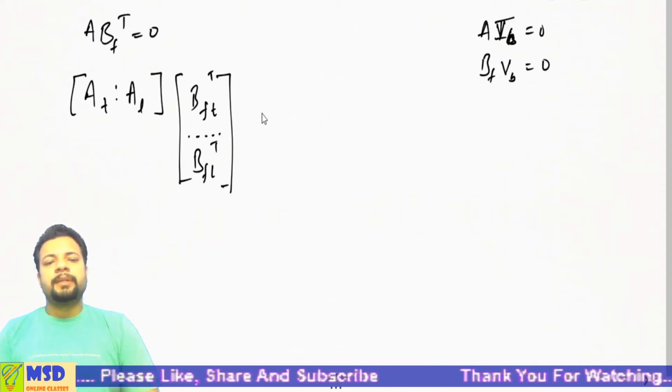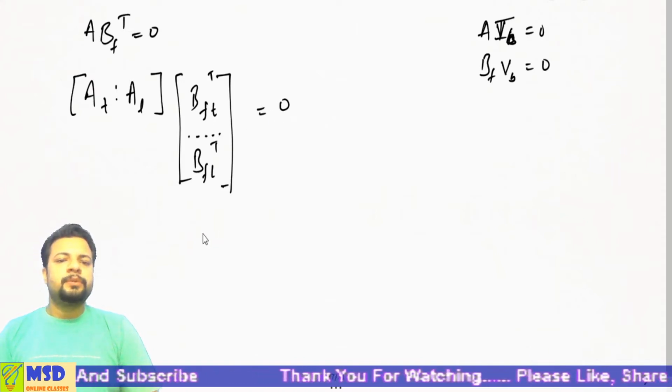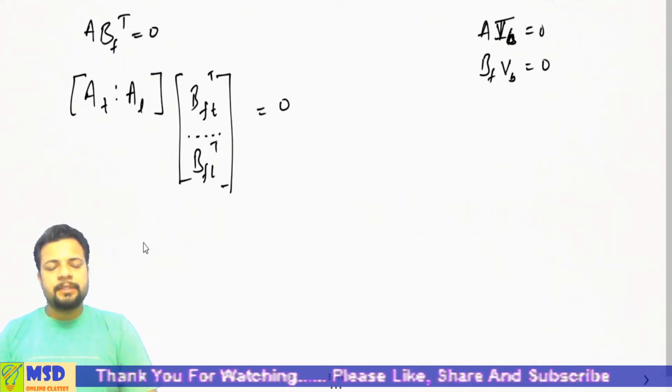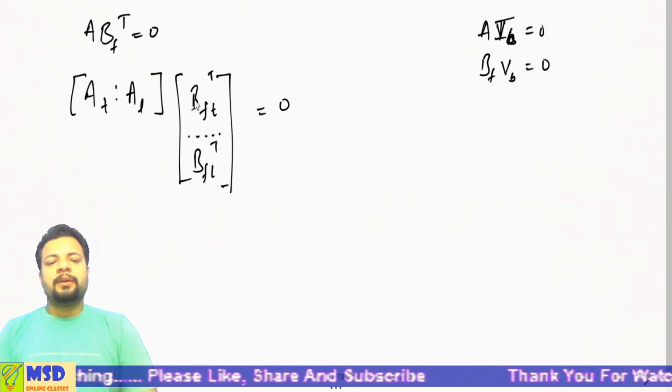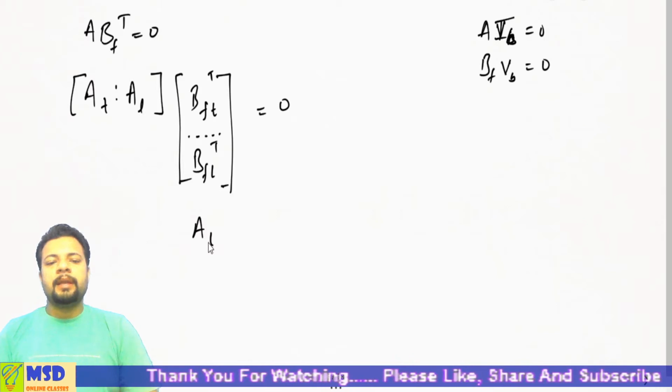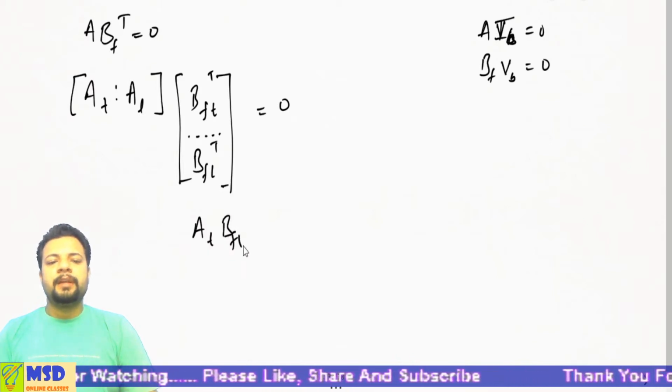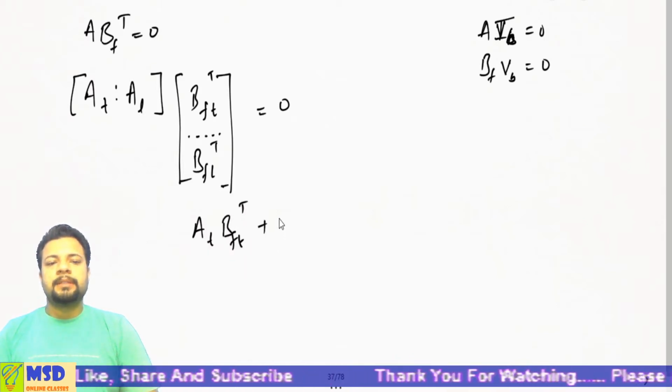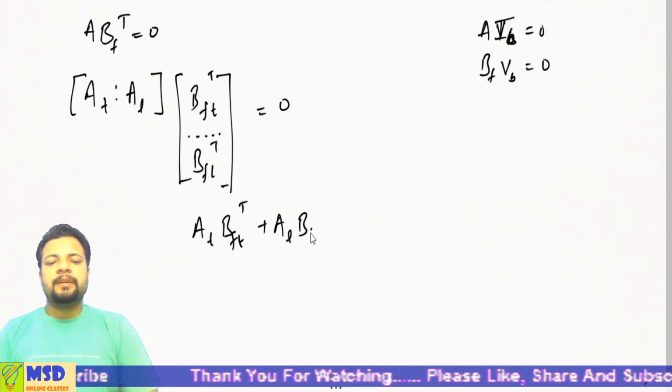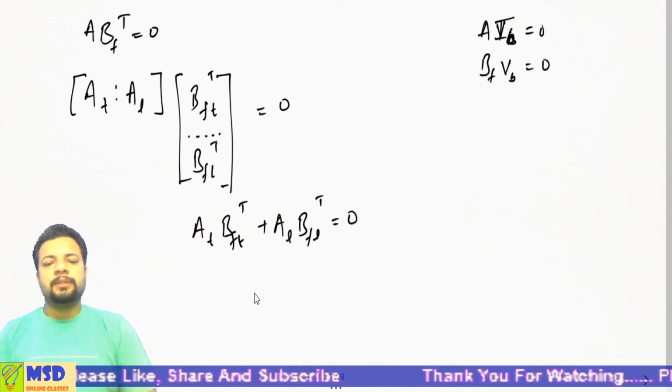The multiplication product of these two matrices should be equal to 0. We have seen this in the previous article as well. Now if I multiply these two, then I get AT into BFT transpose plus AL into BFL transpose equals 0.